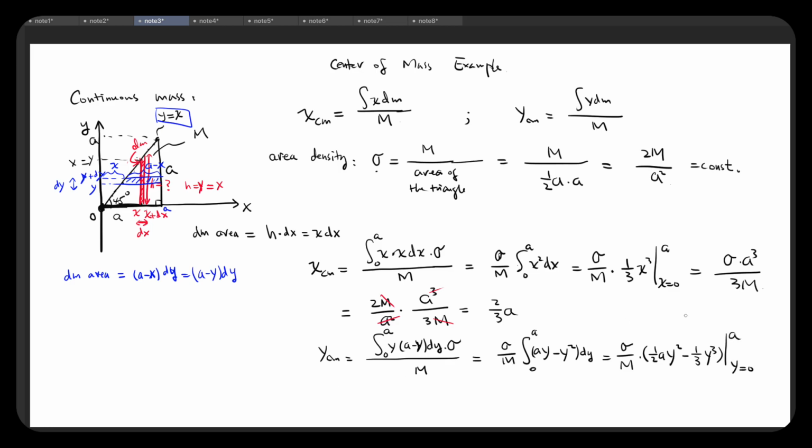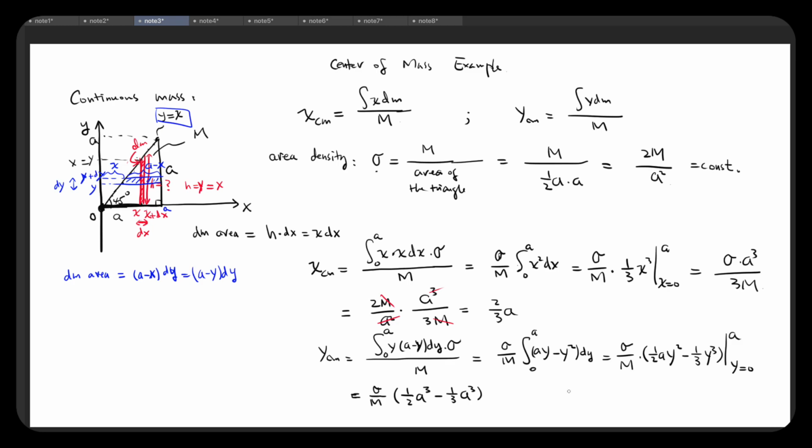Now the lower bound is 0, the upper bound is a. That's like the integral in the x direction. So we have sigma over m. Now for the upper bound, when I plug in a here, I get 1/2 a cubed, and there's another a here, so a cubed, minus 1/3 a cubed.